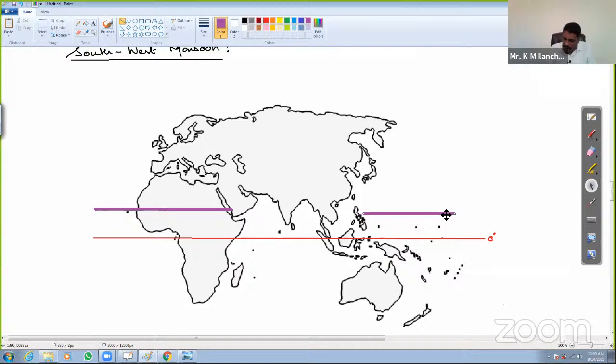Assume that this is our ITCZ. But you know the fact that there is one exceptional bend of ITCZ registered over India.